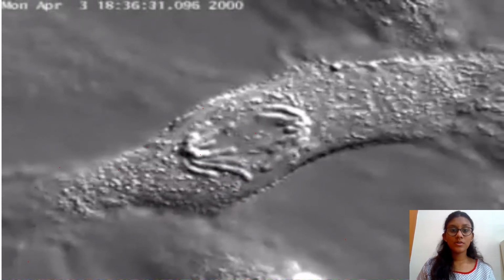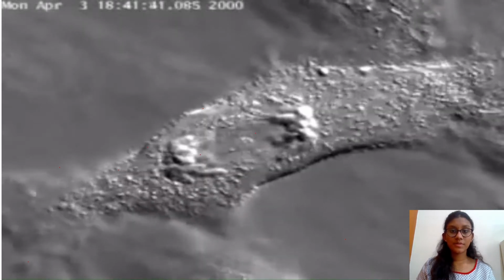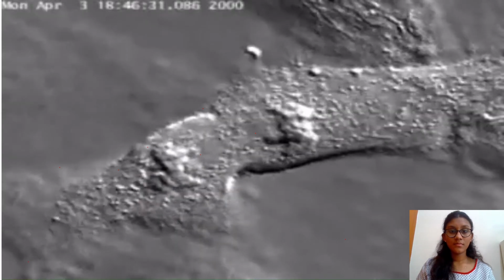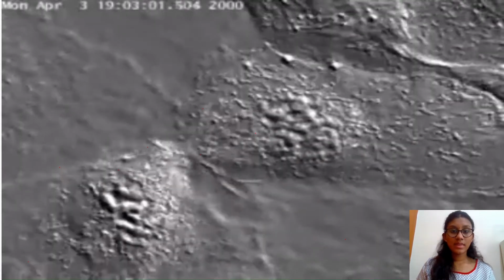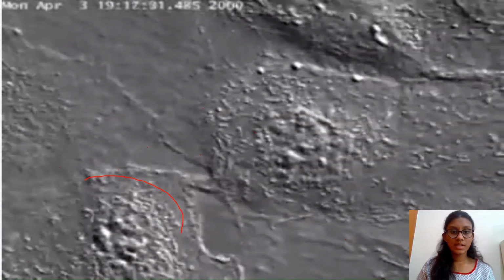And now they've gone to two different polar ends of the cell. Now the cell's walls break down and then we have two different new cells that have arisen.